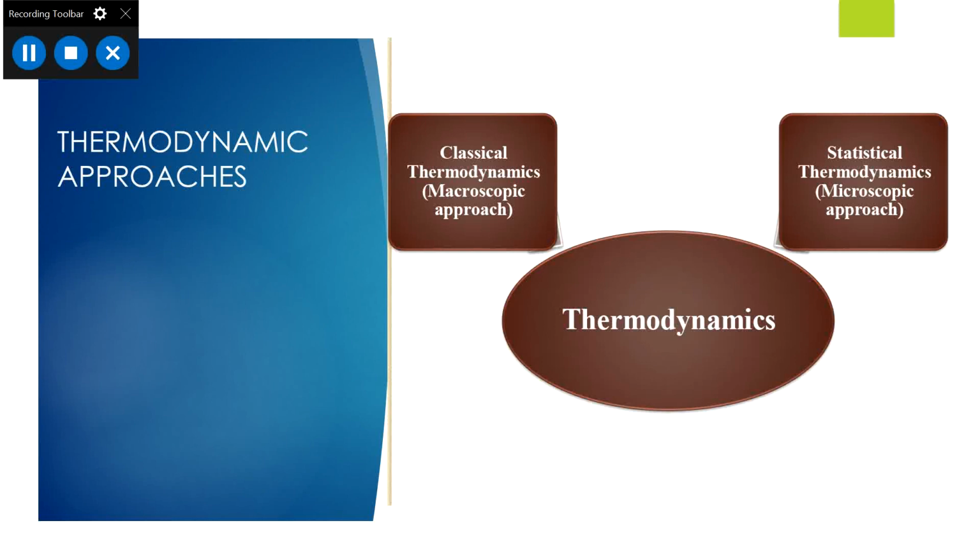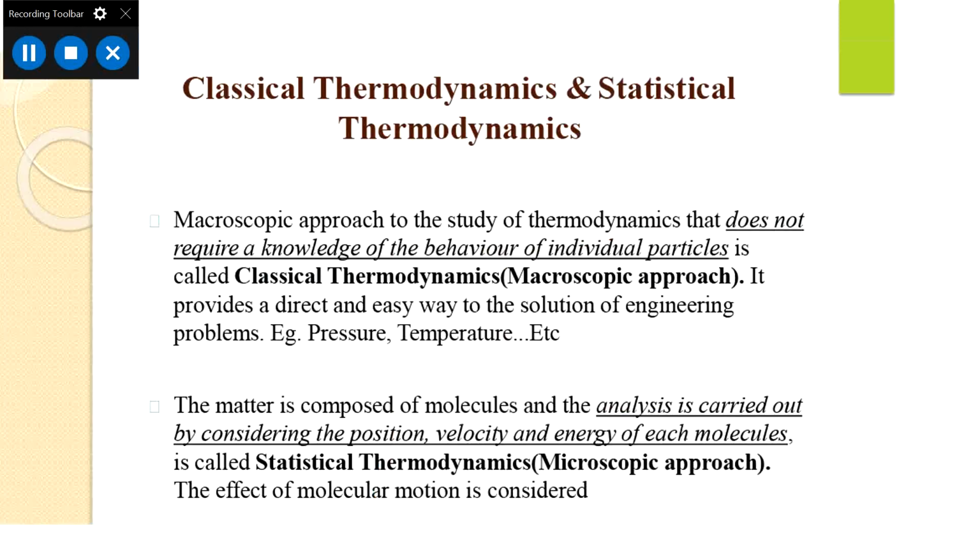And there are mainly two types of approaches in thermodynamics, that are classical thermodynamics, which is also known as macroscopic approach, and statistical thermodynamics, which is also known as microscopic approach. Okay, so these are the two main approaches of thermodynamics. And what are the classical and statistical thermodynamics?